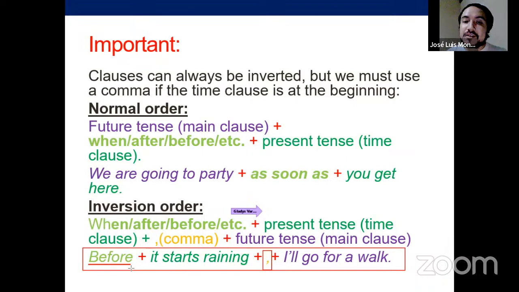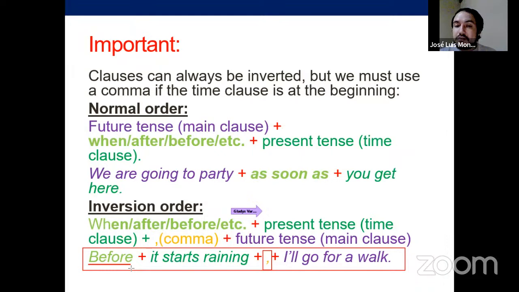You can say after it starts raining or before it starts raining, when it starts raining, as soon as it starts raining, while you are playing with your game, comma, I'll go to the park. Before you get home, comma, I'll watch that movie, and many things that you can think of.